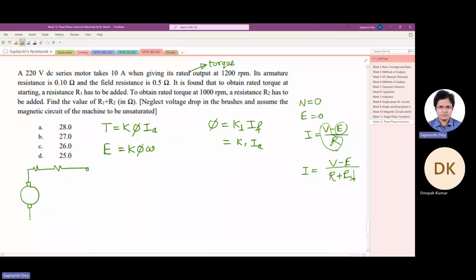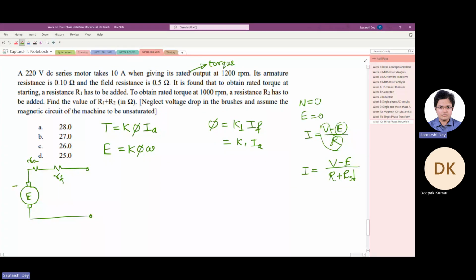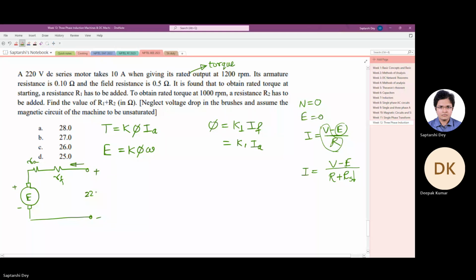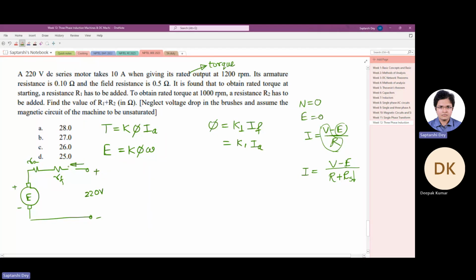So this is armature resistance RA, this is field resistance RF, this is the back EMF. It is working as a motor, so current goes in, and this is the supply. So from here you can see that the same current flows through the armature and the field.